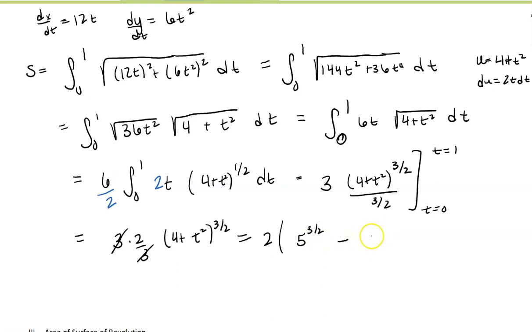And then 4 plus 0 squared is going to be 4 to the 3/2. And the only thing we can really do with the 5 to the 3/2 is make that 5 square root of 5. But we can go ahead and make 4 to the 3/2 8, because that's 4 square root of 4, which is 8. So I get 10 square root of 5 minus 16.